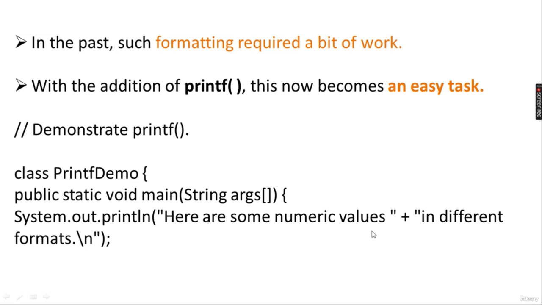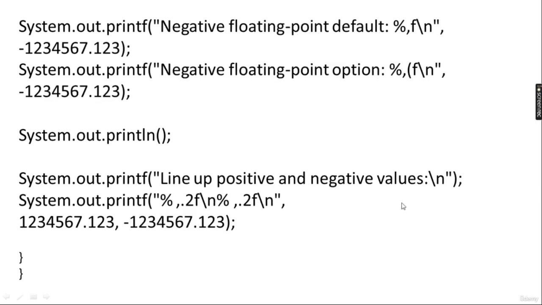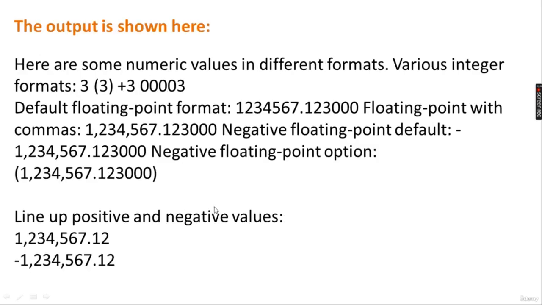Here are some numeric values in different formats: %d, %d, %+d, %05d, etc. Default floating point format, floating point with commas. For default it is %f, then negative floating point %f, negative value in parentheses, negative floating point option, then a line of positive and negative values, %0.2f, %2.2f, etc. Here are some numeric values in different formats.